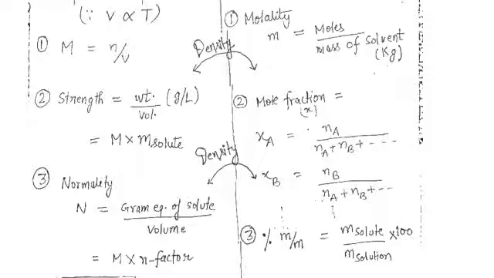Like if N2 and O2 are present in a container, then we will have a mole fraction for N2, and that is the number of moles of N2 upon the total number of moles, that means moles of N2 plus moles of O2.